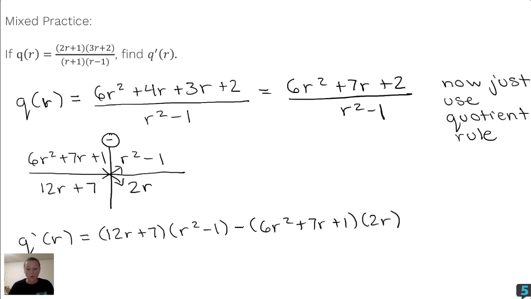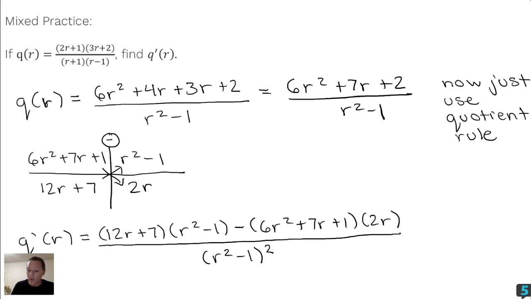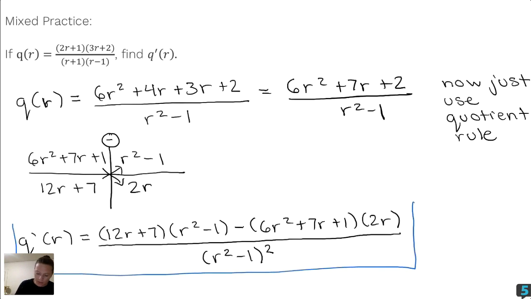And because it's quotient rule, this is one thing a lot of my students forget, it's going to be all over that original denominator squared. So we've got R squared minus 1 quantity squared. Okay. So this is one that certainly has a little bit of a longer answer. Don't be scared by that or thrown off by that. It's totally fine.